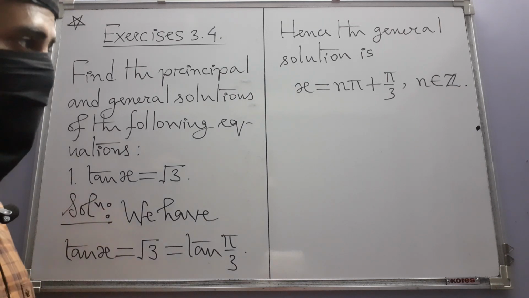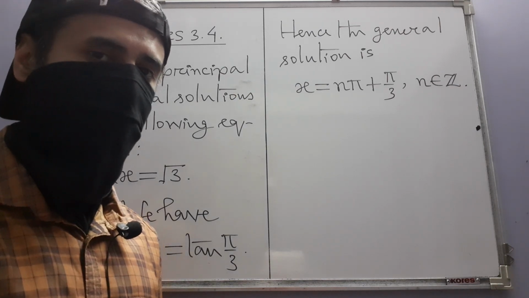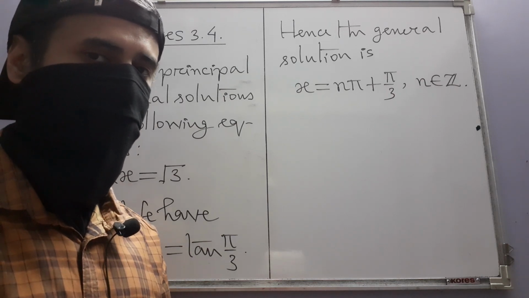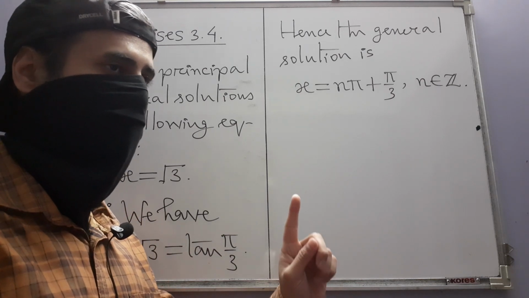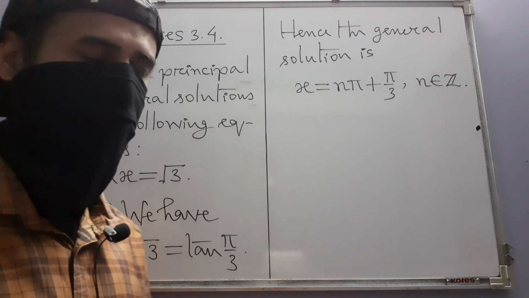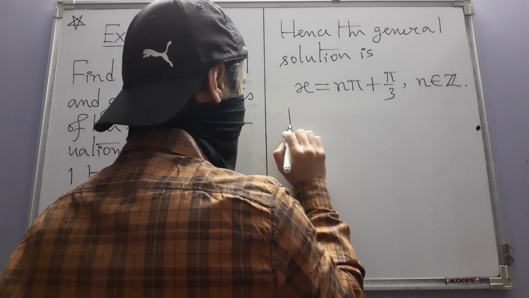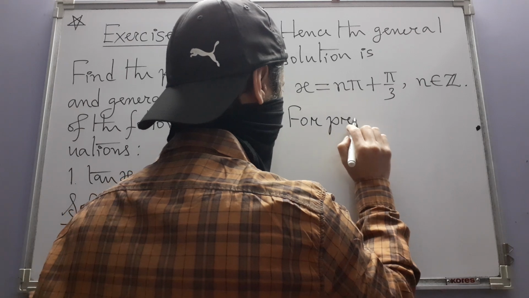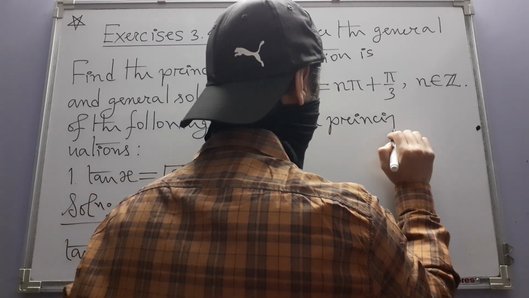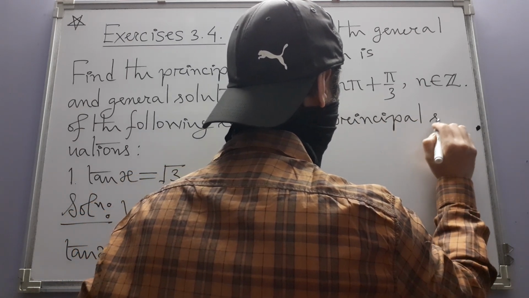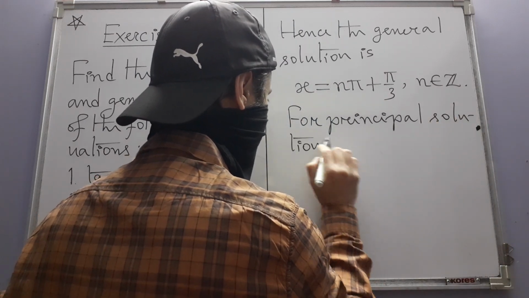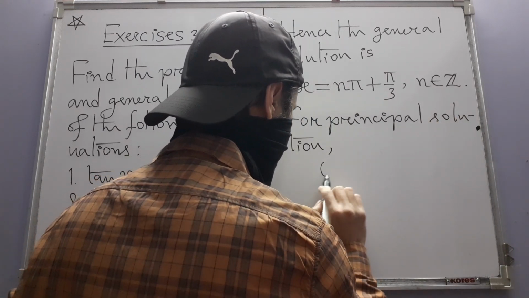For the principal solutions, our x should be non-negative. X should be greater than or equal to 0 and strictly less than 2 pi. For principal solutions, this is the condition.